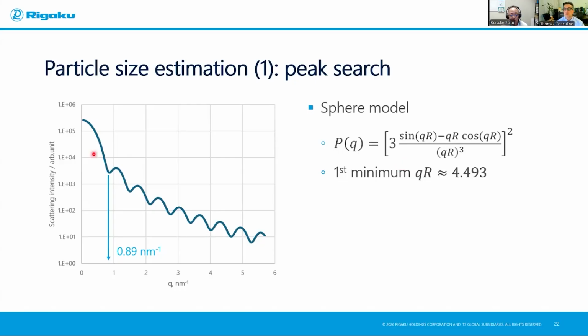When the oscillation becomes smallest, at the first bottom, the numerator in this equation is going to be 0. This condition gives us Q times R equal to 4.493. Now we have the Q number, so you can put the Q here, and finally you get the radius or diameter of the nanoparticle as 10 nanometers. This is the quickest and easiest way to extract the particle size.